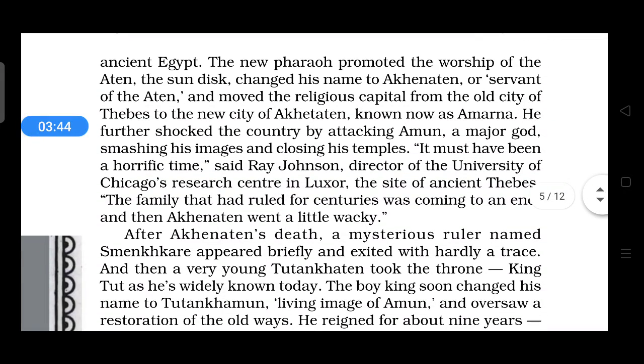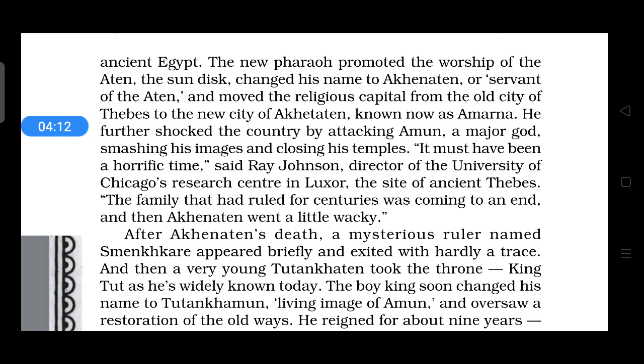So in these lines, Amenhotep III, Tut's father or probably grandfather, ruled the country for almost 4 decades, 40 years. After Amenhotep III, his son Amenhotep IV came, and he did something to this time.